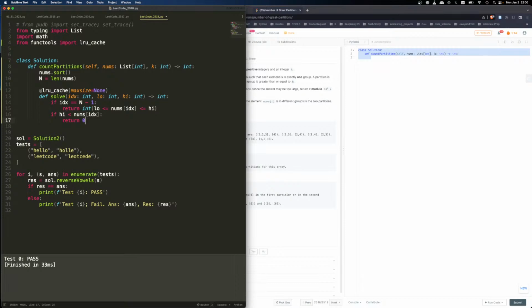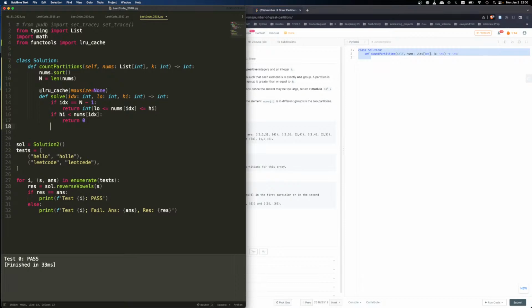If low is smaller, which is fine, then we take this index, and we find from index to the end, given this range, how many different ones I have.